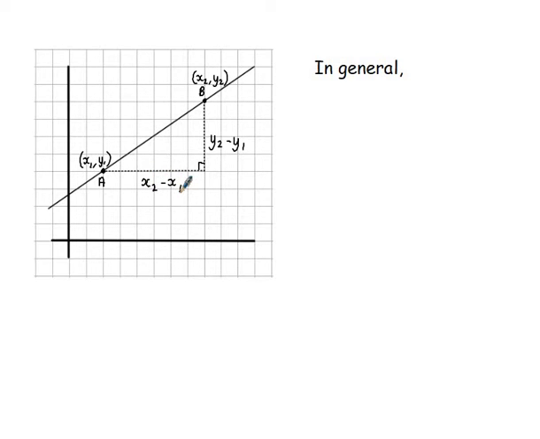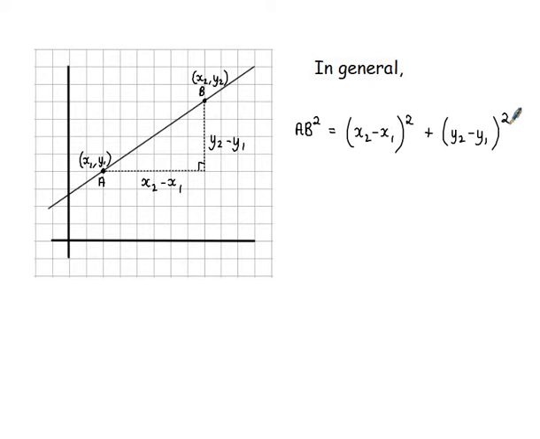So to find the length of AB, we'd have AB squared, and remember AB is still the longest side, it's your hypotenuse, so you're going to be adding the other two sides together and squaring them. So AB squared equals your (x2 minus x1) all squared. Notice I put brackets around them and then the squared on the outside because it's more than one thing, plus your (y2 minus y1) all squared.